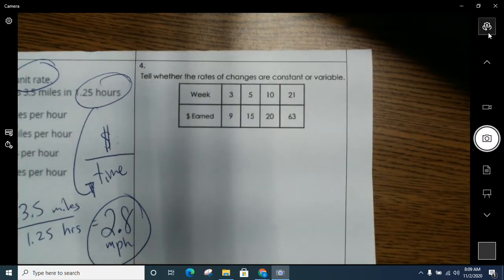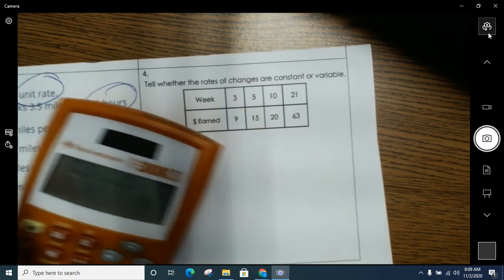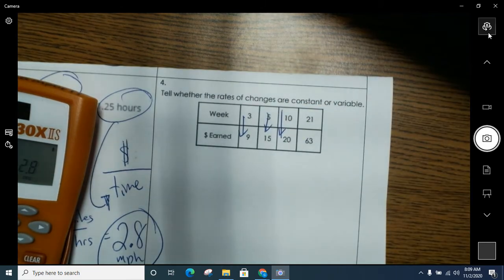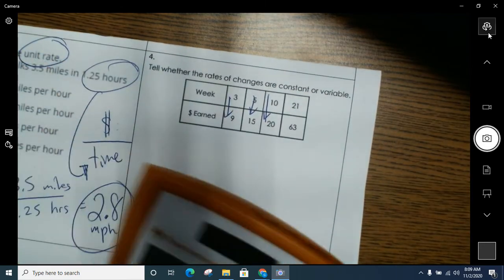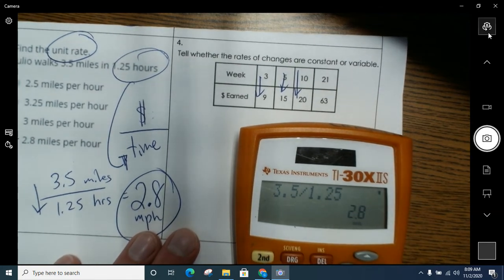And our last one, tell whether the rates change at a constant variable. So pretty much the easiest way to do this, if you have a calculator, would just be divide down. If you divide down and you get the same answer, decimal or whatever, then they are constant because you're constantly getting the same thing.